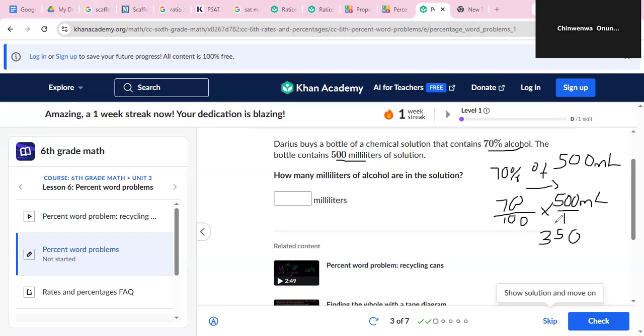Break down steps for them. 70 times 500 gives you 35,000 over 100 times 1, which is 100. Now we can simplify. For every 0 on top, we can cancel out a 0 on the bottom. We get 350 over 1, which is just 350.